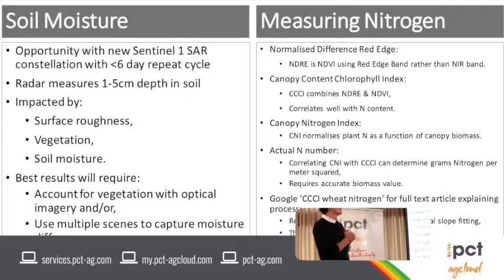It's the same sort of similar story with measuring nitrogen. Like I mentioned before, the Sentinel satellites have this. So we're moving back to the Sentinel-2 now, the optical satellite. It has 3 red edge bands, 3 bands that are measuring where it jumps from that red up to that near infrared.